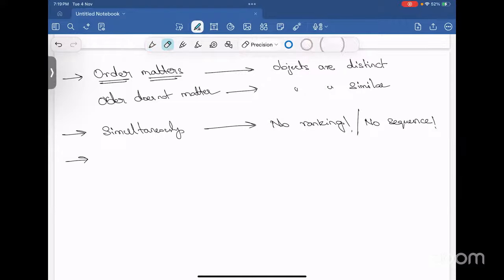And for non-simultaneous events, sequence matters, there is ranking.